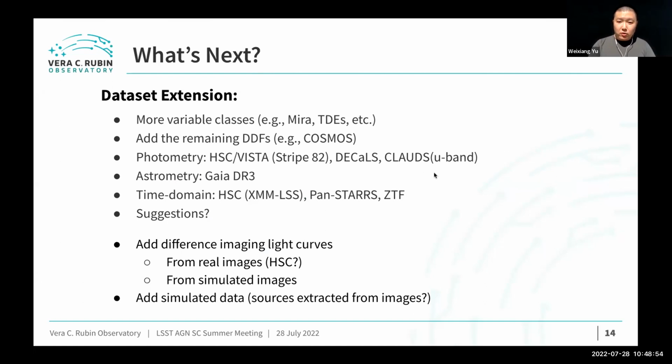Also, I will note that DELVE and CLOUDS, the CLOUDS is the U-band survey matching the depths of HSC to roughly AB of 27 in the deep and ultra deep HSC fields. Most importantly, we need to add difference imaging light curves from both real light images and simulated images. Additionally, simulated data like those coming from the Italian team through in-kind contribution will be really valuable.